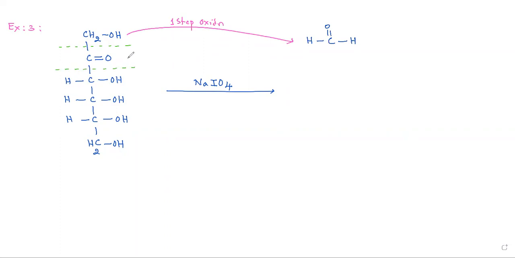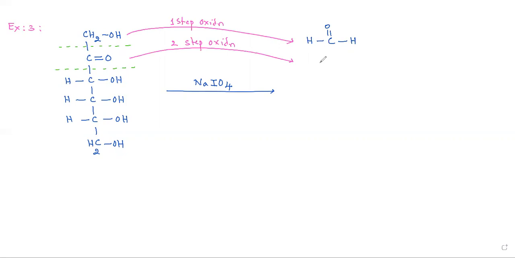Now see this group. It undergoes two-step oxidation, isn't it? So from this, the keto in the first step oxidation forms an acid.